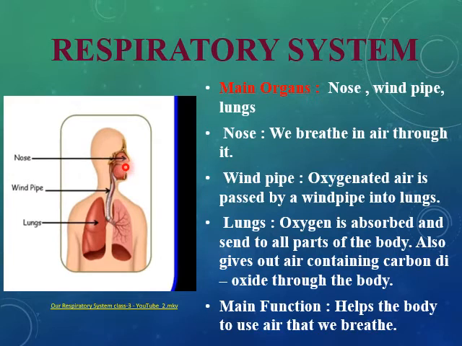Whatever air we take into our body through the nose, that process is known as inhalation. Now, the next organ is the windpipe. Oxygenated air is passed by the windpipe into the lungs.